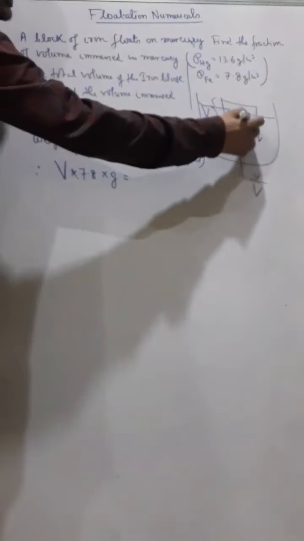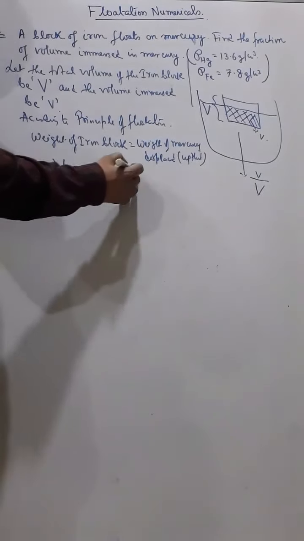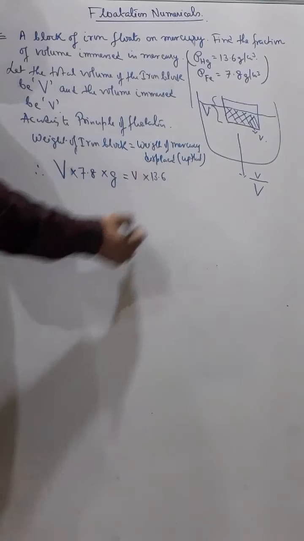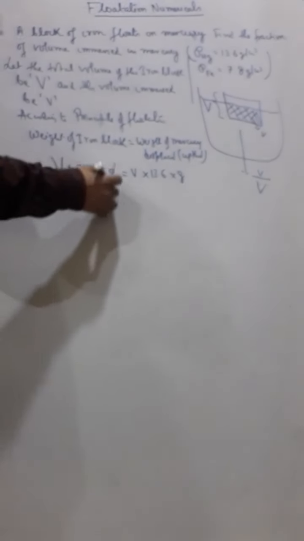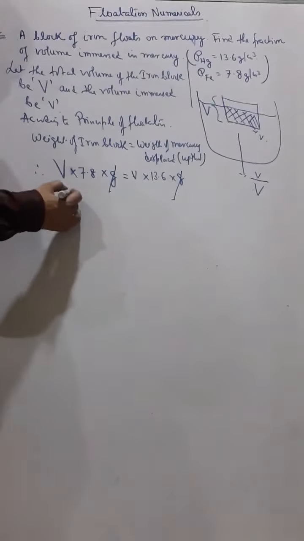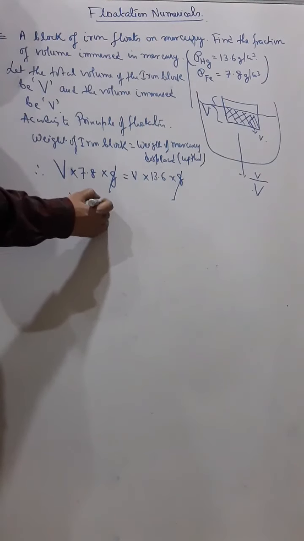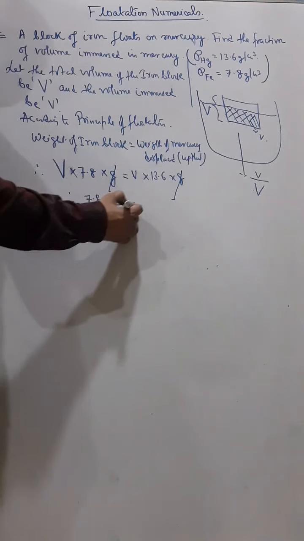Weight of mercury displaced means volume of mercury displaced, this part, so that is small v, into density of mercury, 13.6, and into g. So g gets cancelled again. What we have to find? Small v by capital V. So we can say therefore 7.8 by 13.6 is equal to small v by capital V.